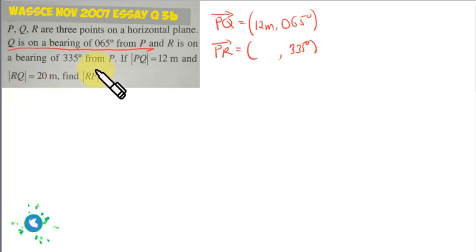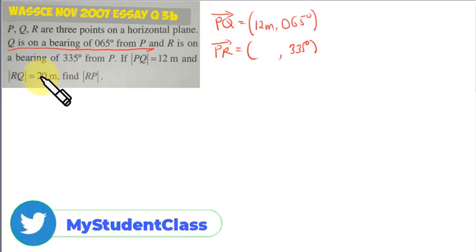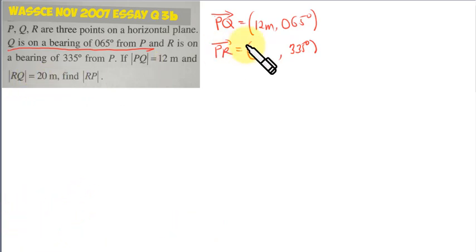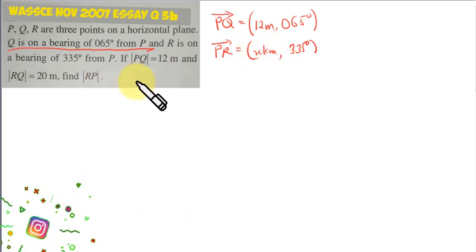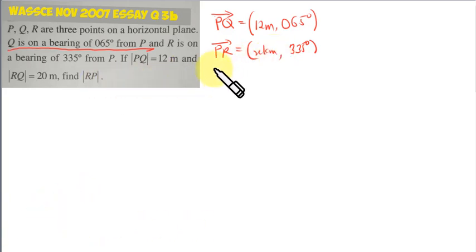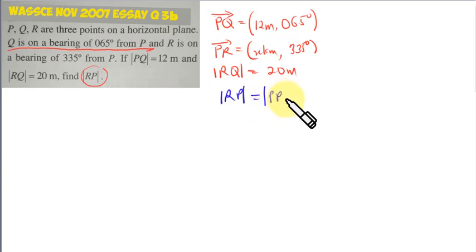Alright, the distance from R to P is not known, but we know the distance from R to Q. So let's say from P to R is say X meters. And of course, R to Q is 20 meters. So we are asked to find the distance from R to P, which is the same as the distance from P to R. The magnitude of RP is the same as the magnitude of PR.